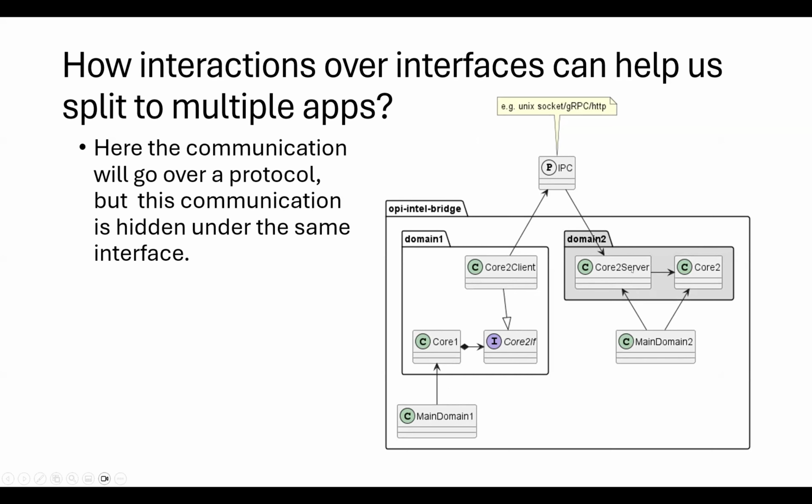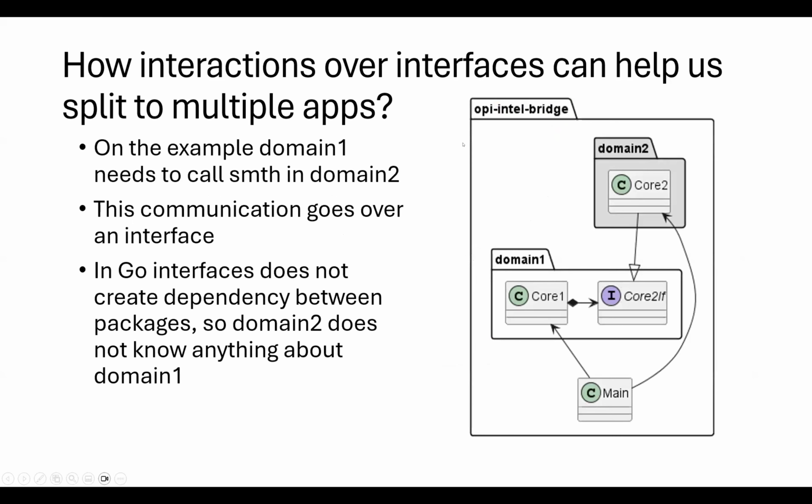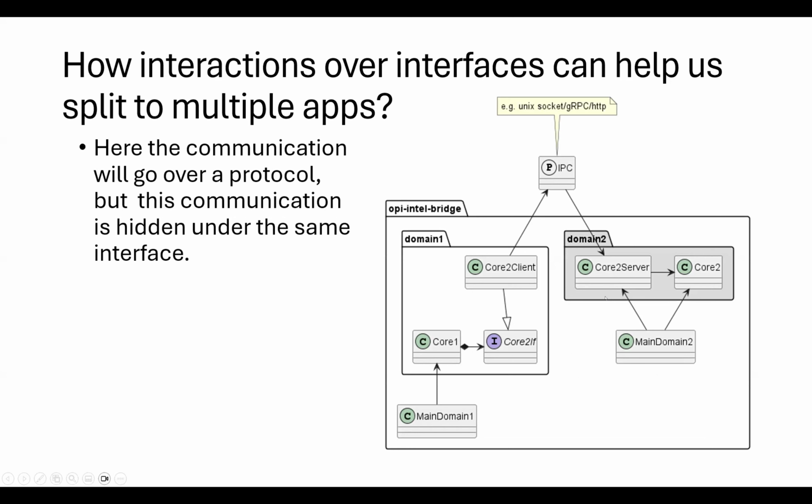And in such a way we will be able to call the required method on domain 2. We don't know which protocol we will choose. It depends on our needs, but definitely, as you can see, this diagram is much more complex than the case when we have a single app.